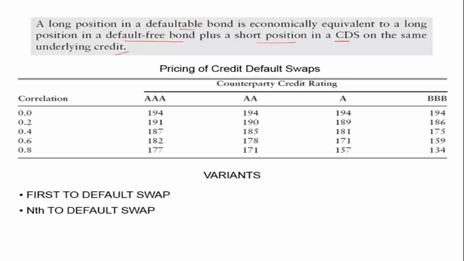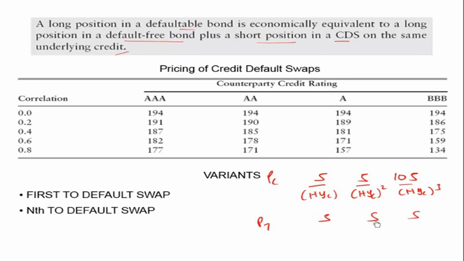Now please understand that if I purchase a corporate bond that gives me cash flows of $505, this is a corporate bond and it has a yield to maturity of YC, and I have a treasury bond that gives me the exact same cash flows.